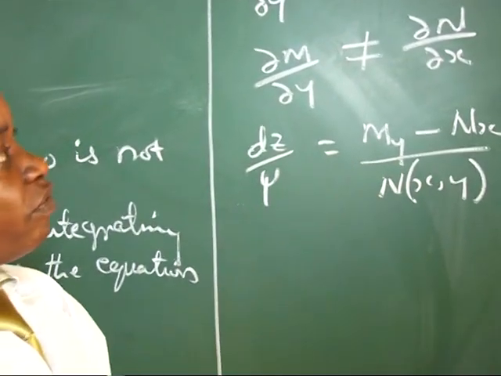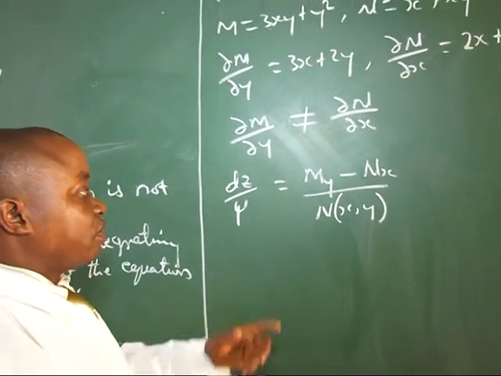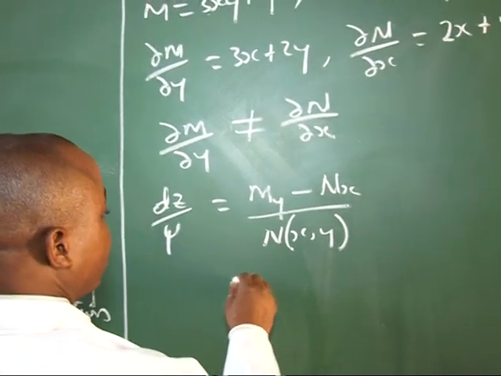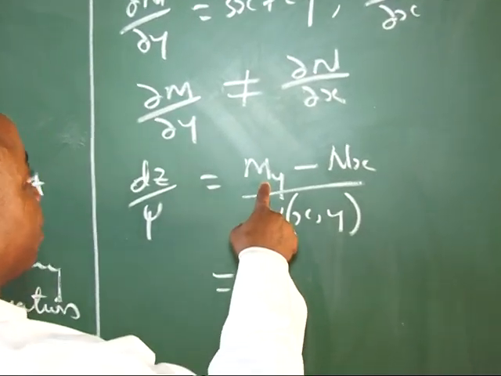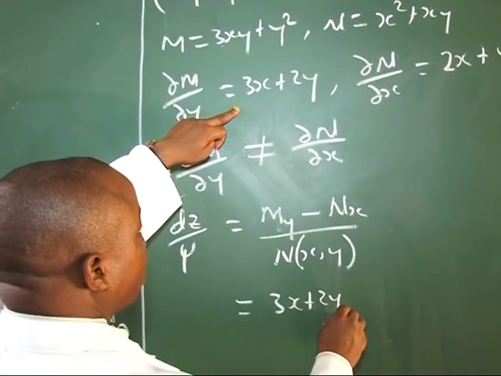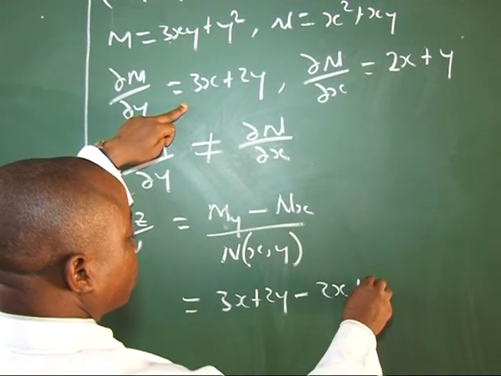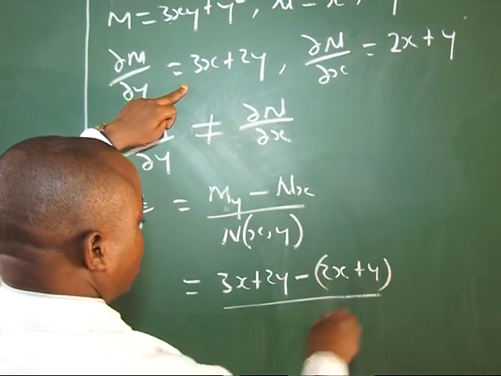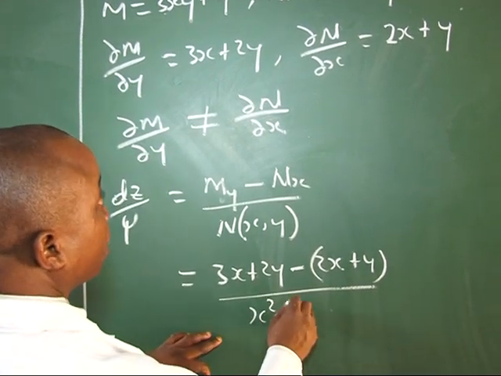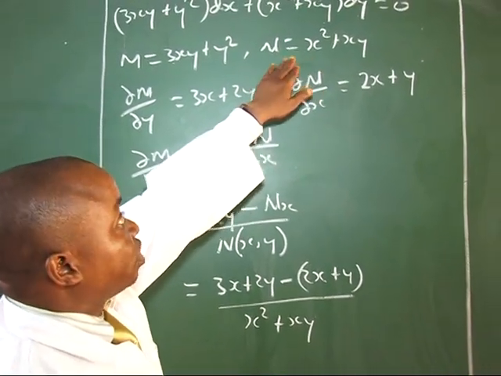If it is a function of x only, then I will integrate with respect to x. I can also test to see if it is a function of y only. Partial M, partial y is this, so we'll have 3x plus 2y minus (2x plus y) all over N of x and y. That is this function, N as a function of x and y.